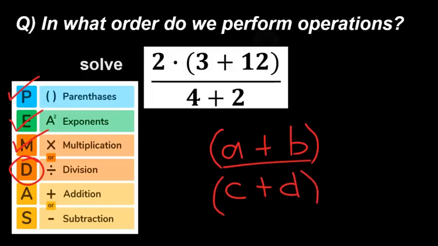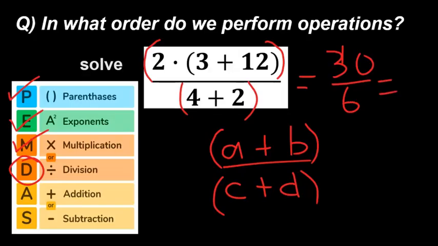So you could pretend there's a bracket here and a bracket here when it comes to fractions, and then you solve it. You see what I'm saying? And that's why, even though it seemed like we did addition before division, we actually did parentheses before division. They're hidden parentheses is what I would say.